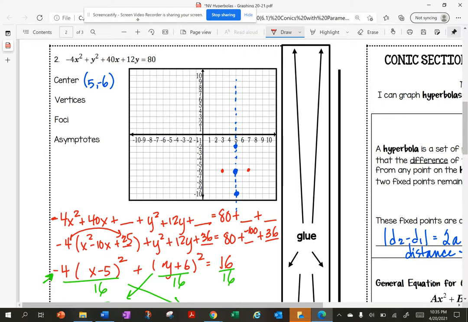So I'm going to make my box from my A and B values, my rectangle. Okay, and then I'm going to draw my asymptotes through the center and the corners of the rectangle.